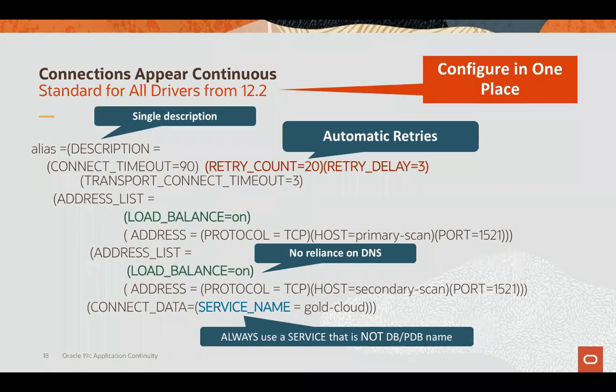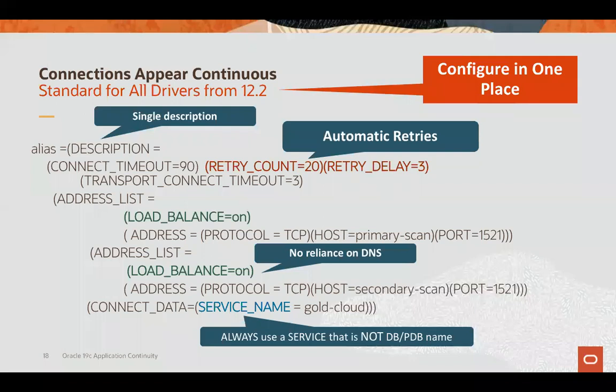This is an example of a connect string for the service using application continuity. And here you can see some of the parameters I was explaining in the previous slides. We have one single description of the service for all nodes available in this configuration.